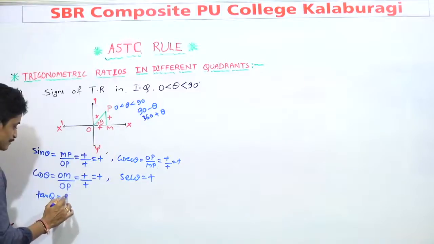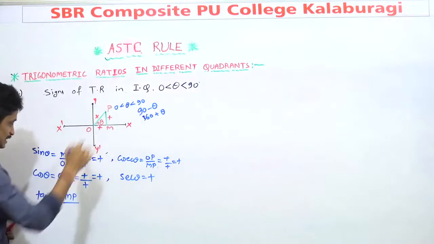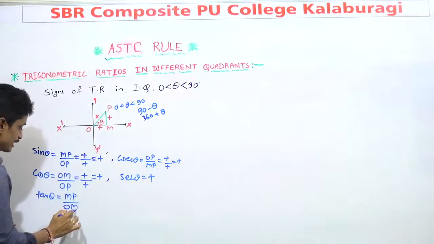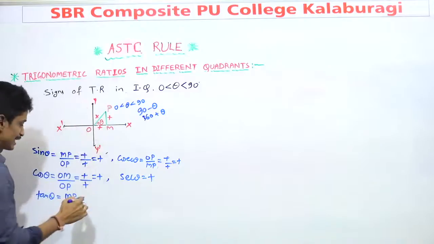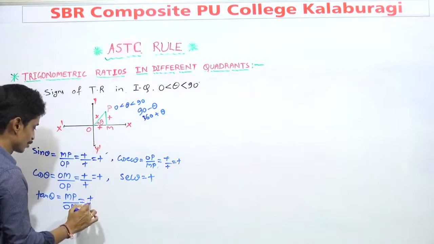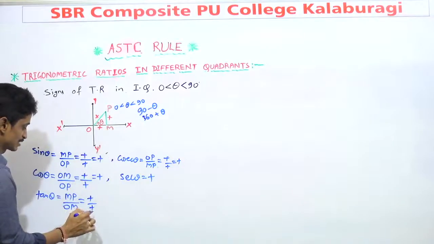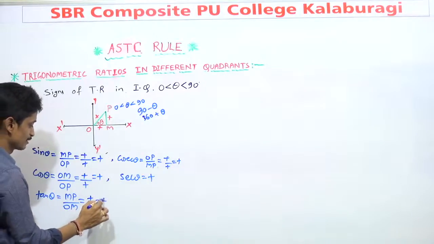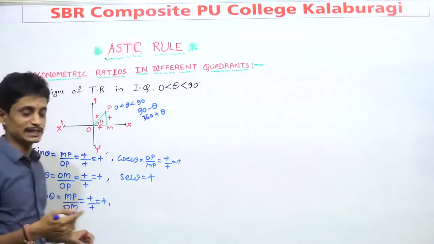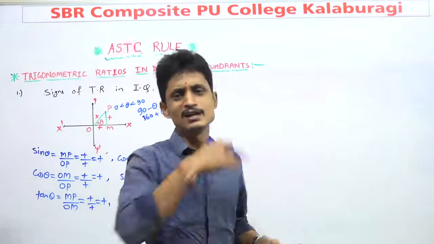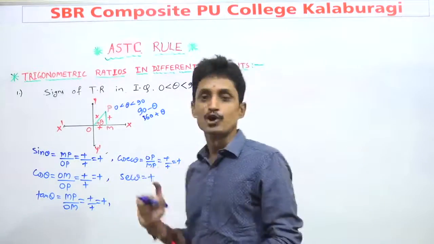Opposite side, that is MP, upon adjacent side OM. MP is along the positive direction of the y-axis, so it is positive. OM is along the positive direction of the x-axis, positive. Hence the value will be positive. So here too we can think like tan 1, tan 2, tan 3 and so on up to tan 89 degree. Our value must be positive.